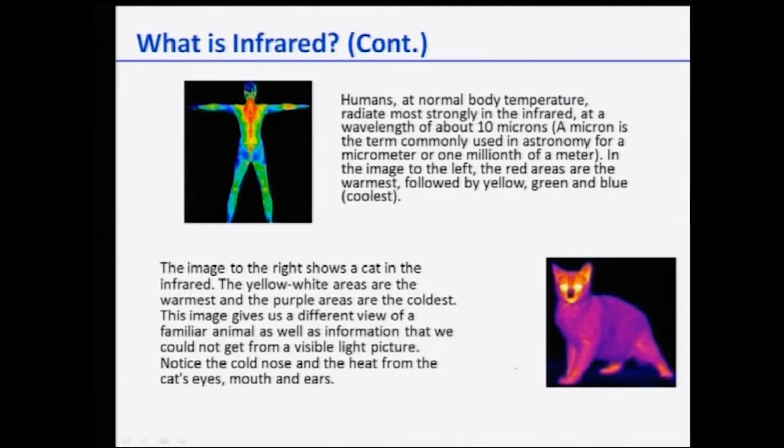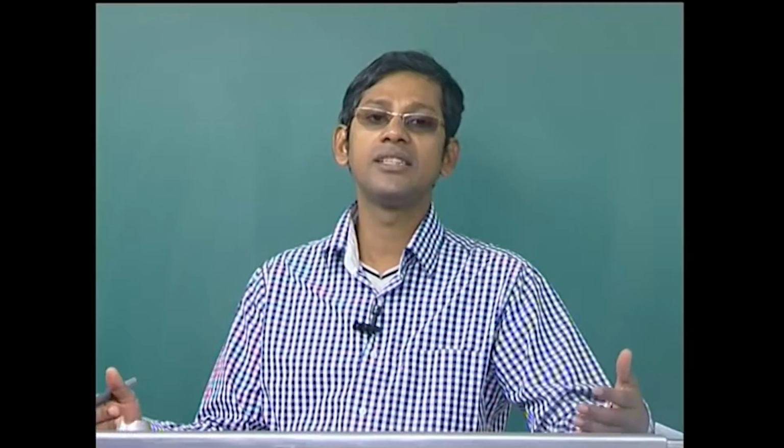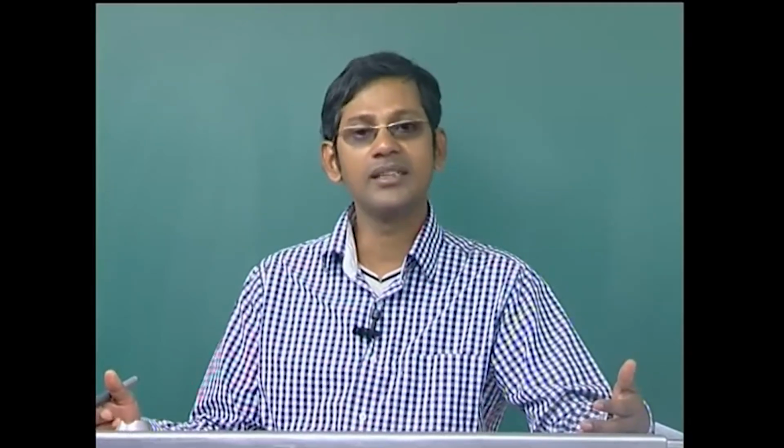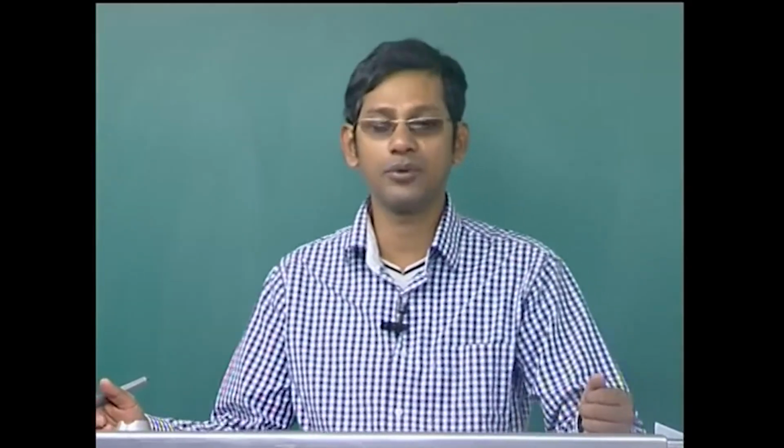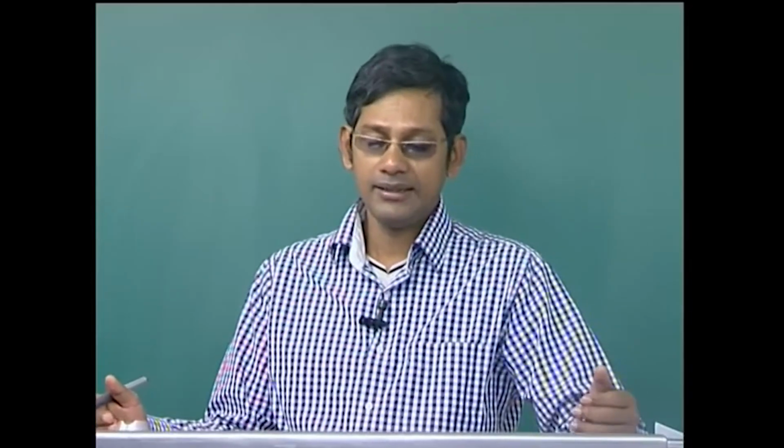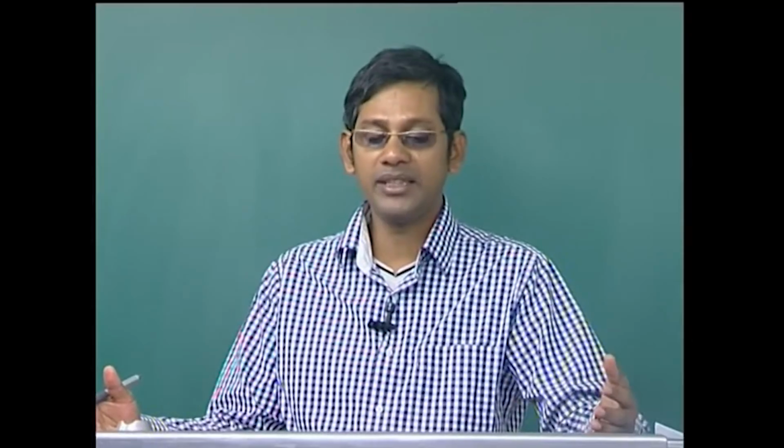Humans at normal body temperature radiate most strongly in the infrared region. That is why cameras have been developed to get images in the infrared spectrum, and these cameras are very popular for night photography.